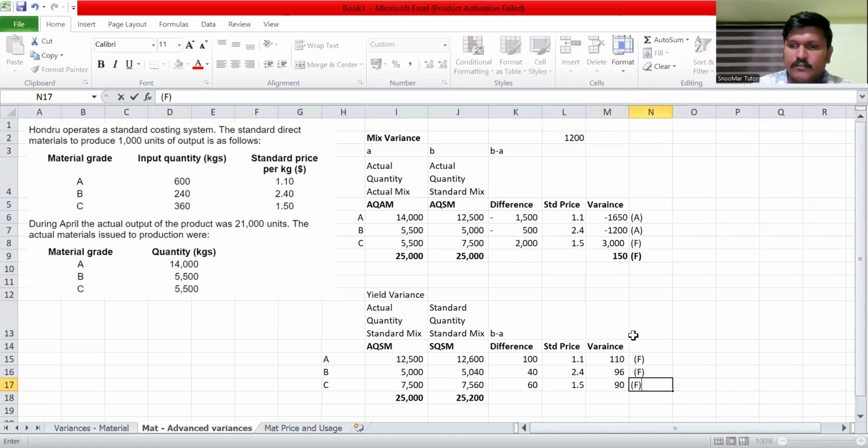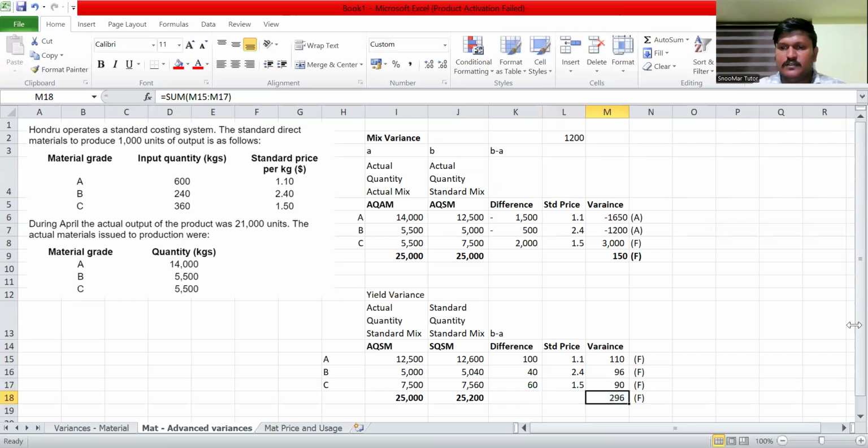So again I'm getting a favorable variance, and we have a total yield variance of how much? Okay, how much am I getting over here? 296 favorable. So this is your usage yield variance. So this is how we will be doing this particular question.